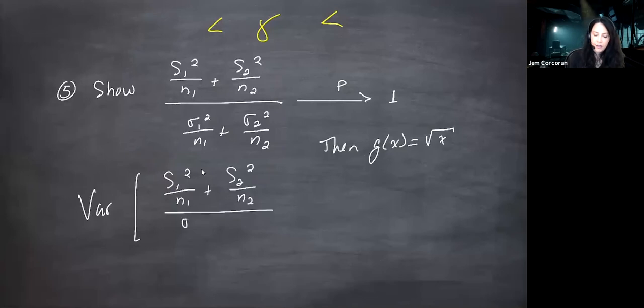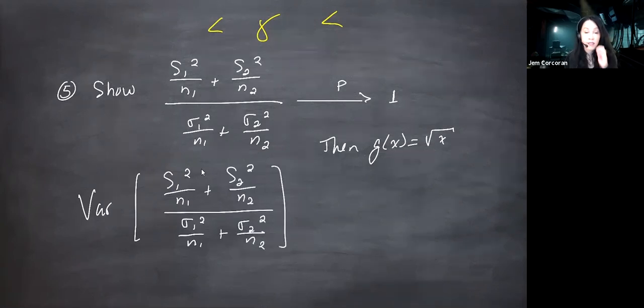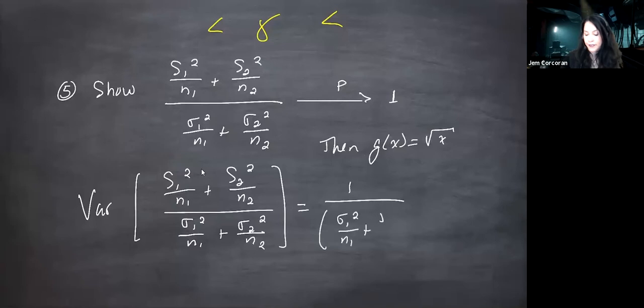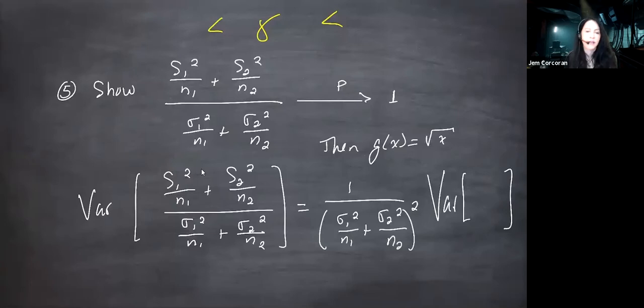so you'd have all of this stuff. The denominator, the sigma 1 squared over N1 plus sigma 2 squared over N2, is a constant. It's not random. You could pull that out and it will come out squared, as things do out of variances. And in there is the S1 squared over N1 plus S2 squared over N2.